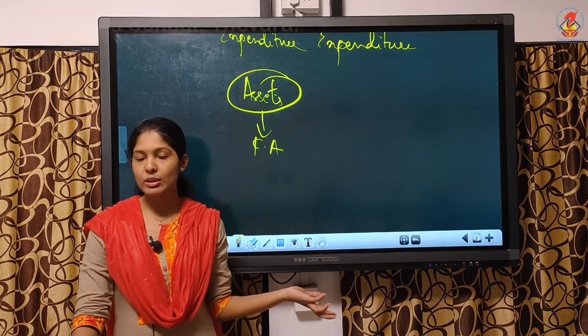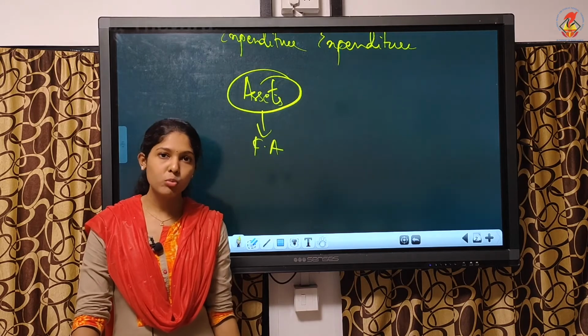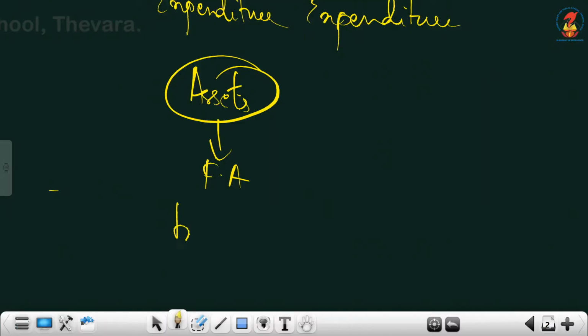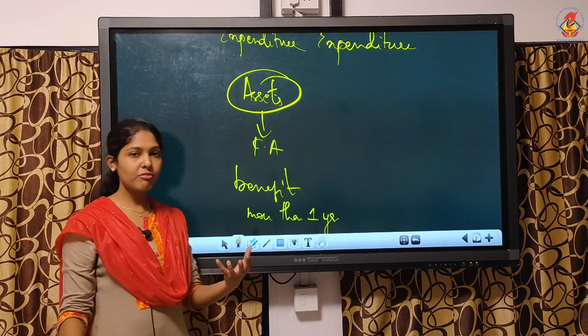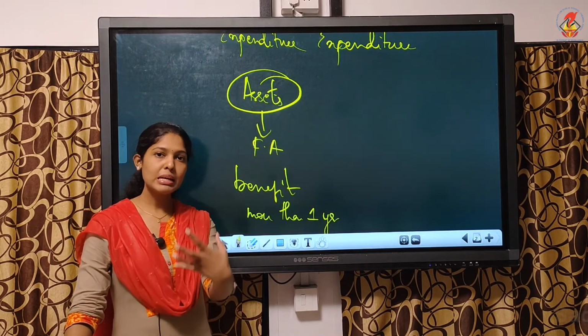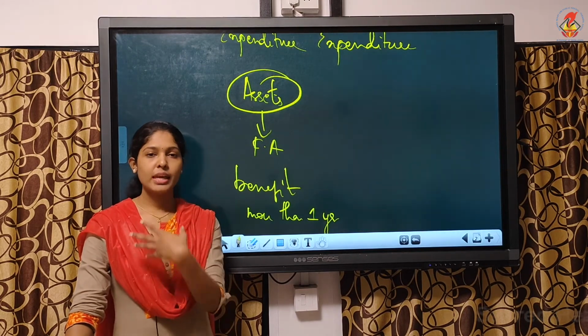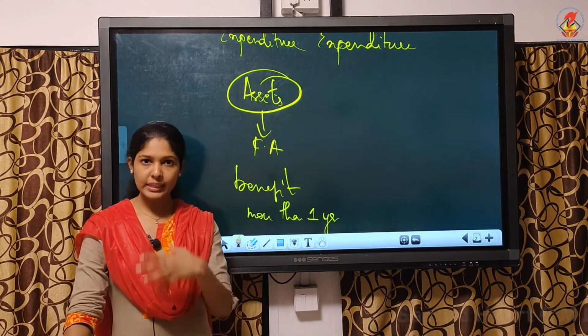Since it is fixed assets, we know that it will take a time period of more than 1 year. So, the benefit will be received only after a period of 1 year, and that will extend to more than 1 year. The benefit we get, using the building you produced something, then you sold those goods, then you are getting income.